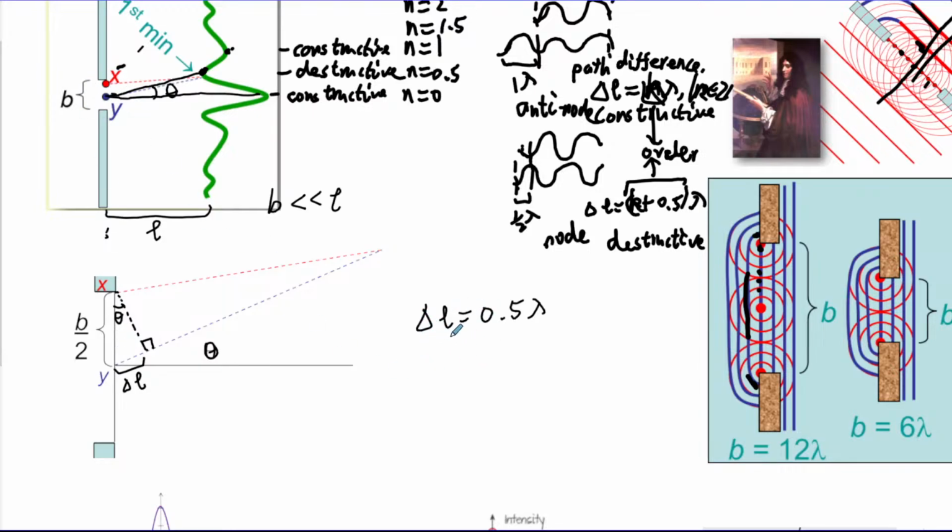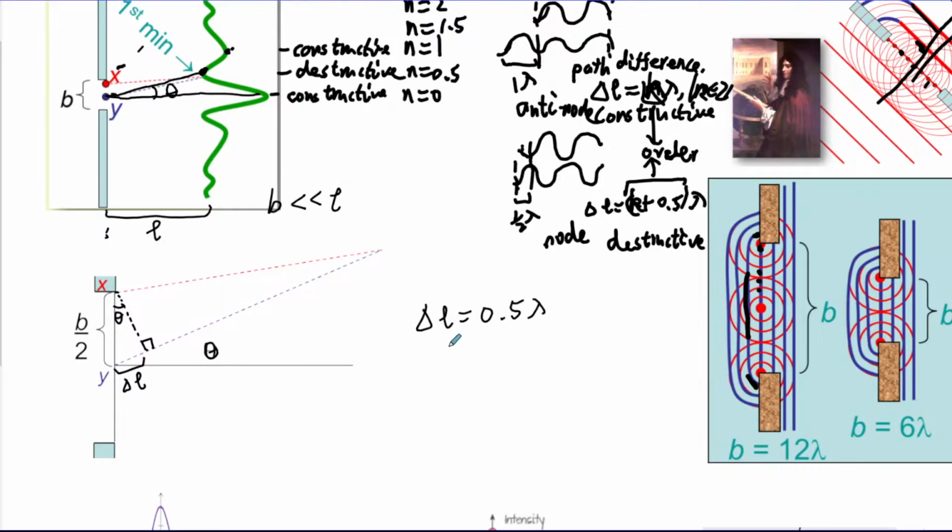So delta L is also equal to sine theta. I should probably be a little bit more specific. Maybe I should write it down like this, so I don't confuse myself.